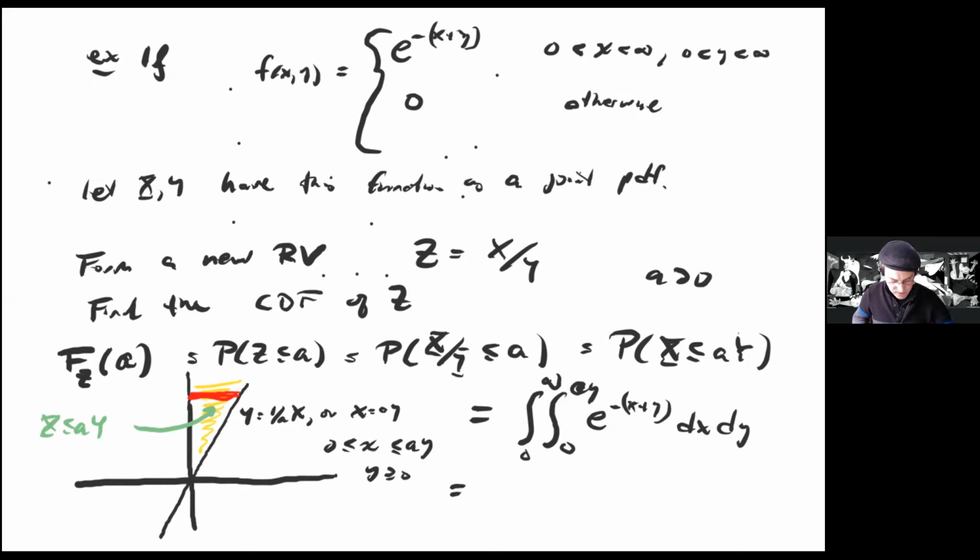This is the same thing as the integral from 0 to infinity of e to the minus y dy times the integral from 0 to AY of... this is not being written correctly. Let me make some more room. I'm going to clear the space here.